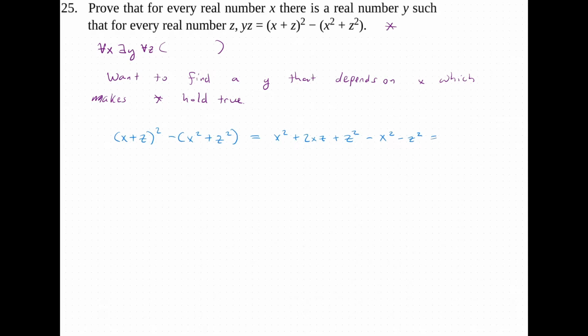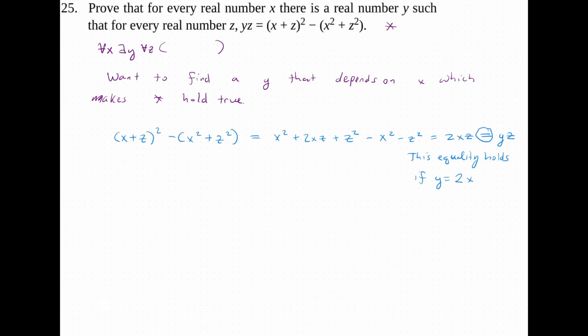And so this simplifies to just 2xz. And we want this to be equal to y times z. And so that's the equality that we want to have. And so this equality holds if y is equal to 2 times x.